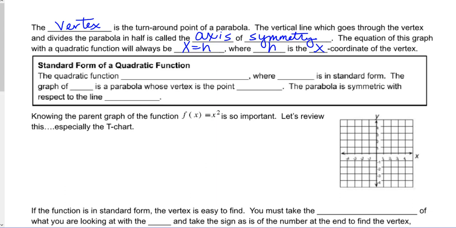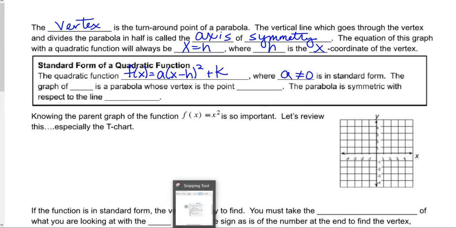So, standard form, just like what we talked about in section 2.8 with standard form of a circle, we have a standard form for a quadratic function as well. So I'm going to write it as this for our function notation. If I have f of x equals a times the quantity x minus h squared plus k, where a is not equal to 0, that is standard form.